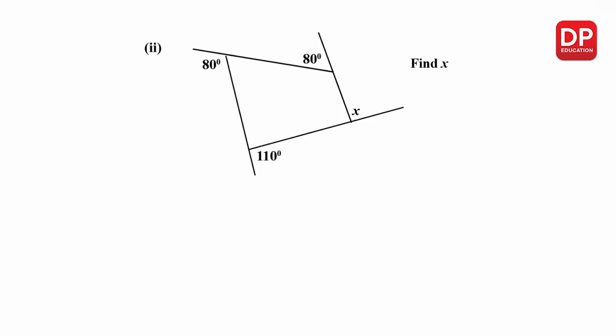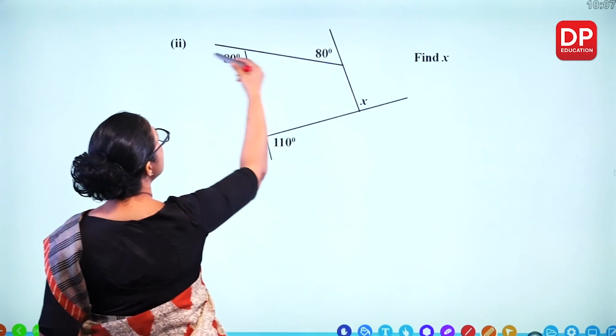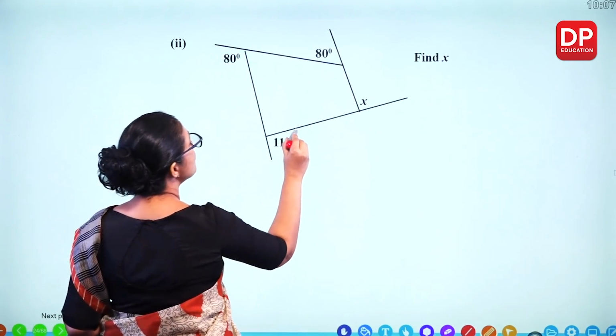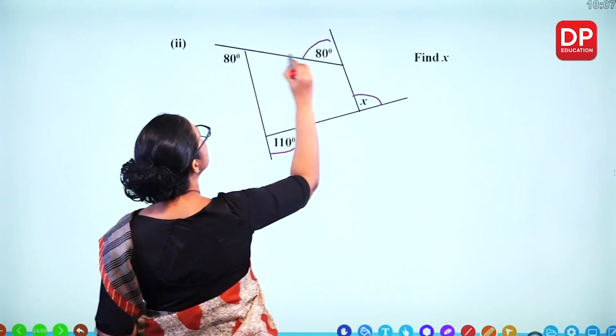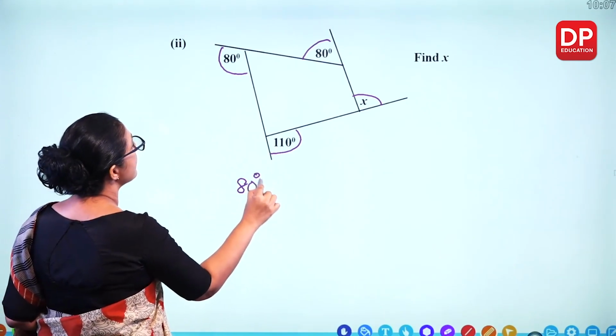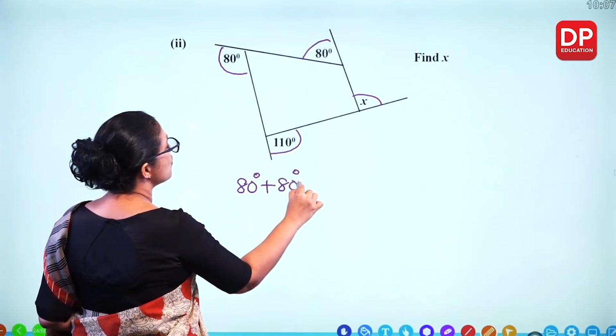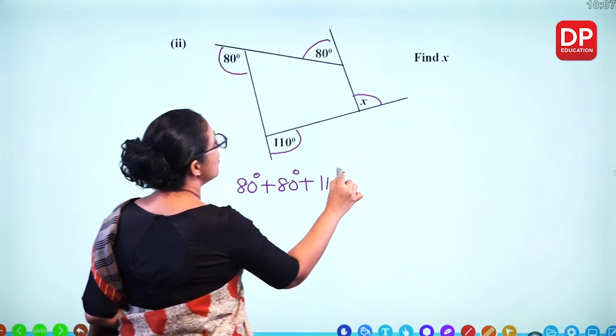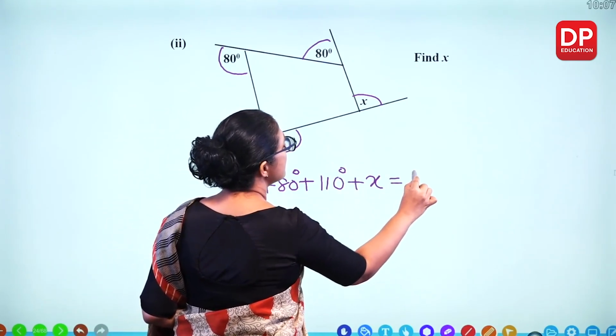Look at this diagram. All these are extended anti-clockwise, so these are exterior angles. So the sum of all angles add up to 360.